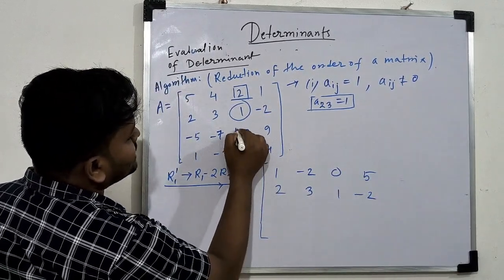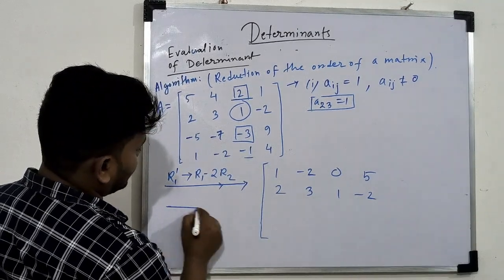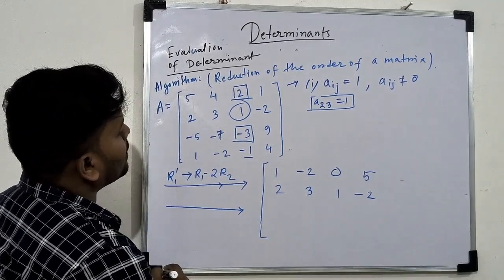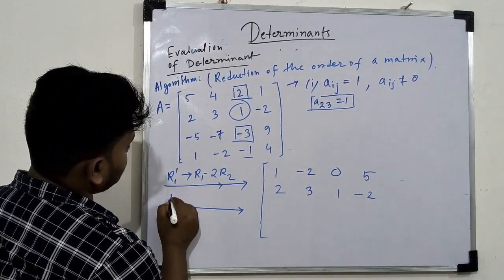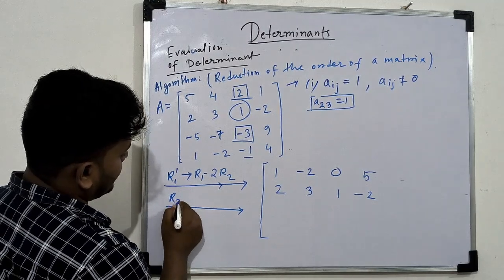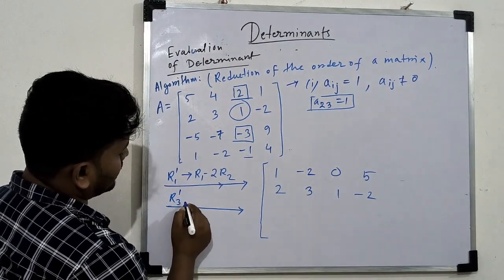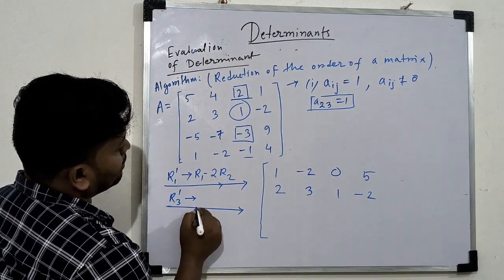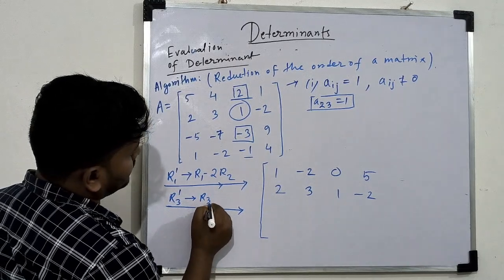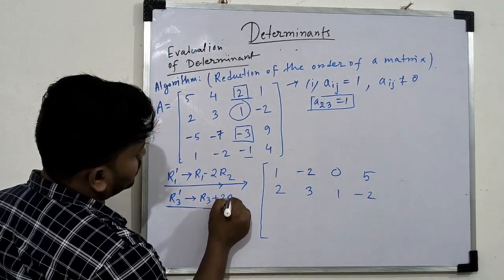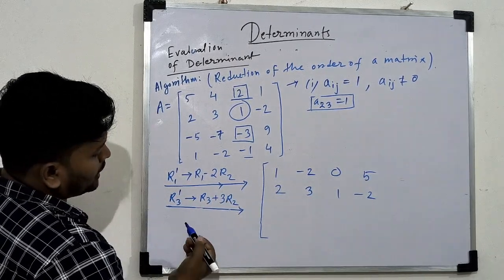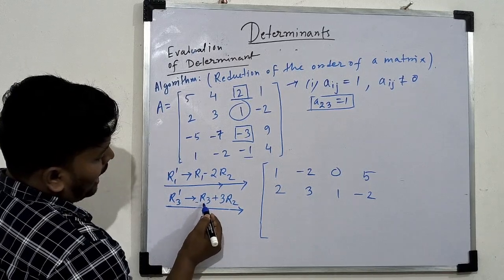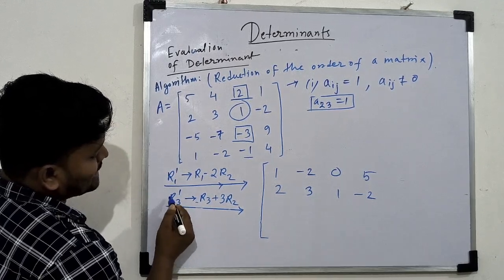And to make this 0, we apply another row operation, which is we replace r3. So new r3 becomes r3 plus 3 into r2. So we do not multiply r3, because we are changing r3.